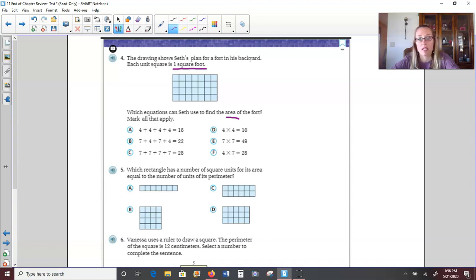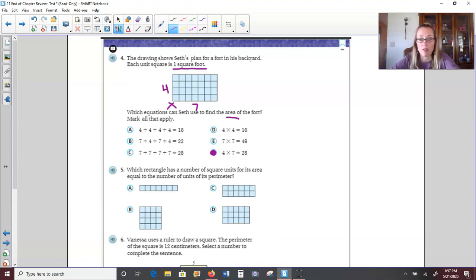So let's see. He's got a length of 1, 2, 3, 4, and a width of 1, 2, 3, 4, 5, 6, 7. So to find length times width, we would do 4 times 7. You see that anywhere? Letter F. Or remember, we can always reverse those factors and do 7 times 4.